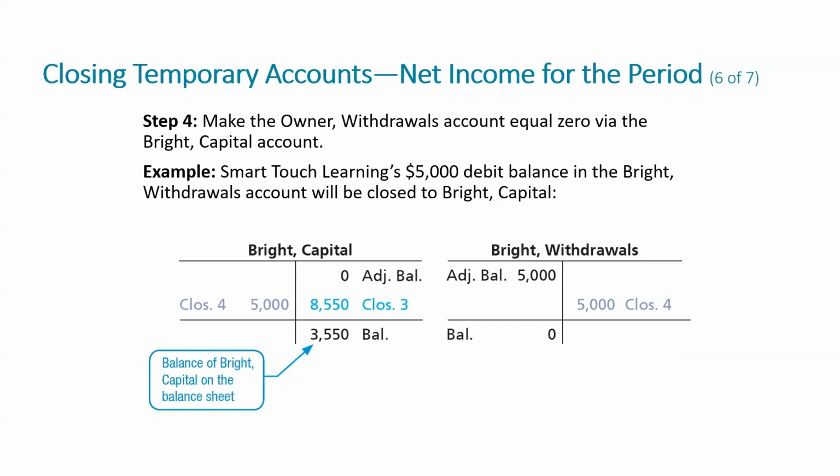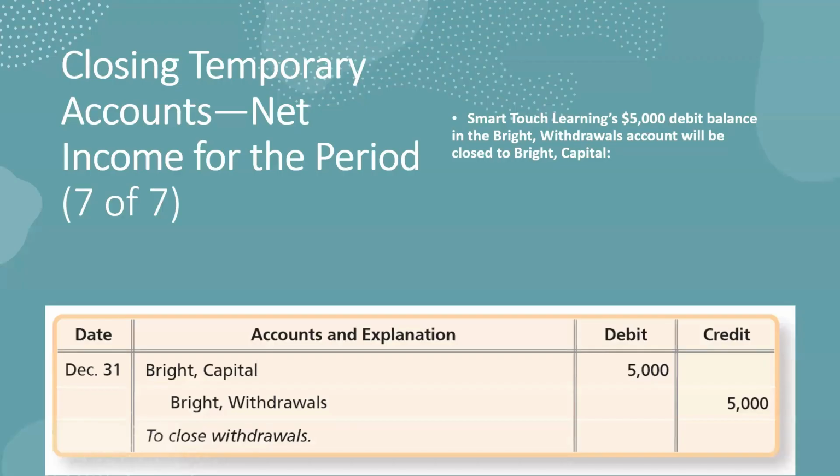So the balance of Bright Capital on the balance sheet will show that total. And here to your right, you see the withdrawal account being closed. So it will be closed with a debit to the Bright Capital account. And here you see the accounts and explanation.